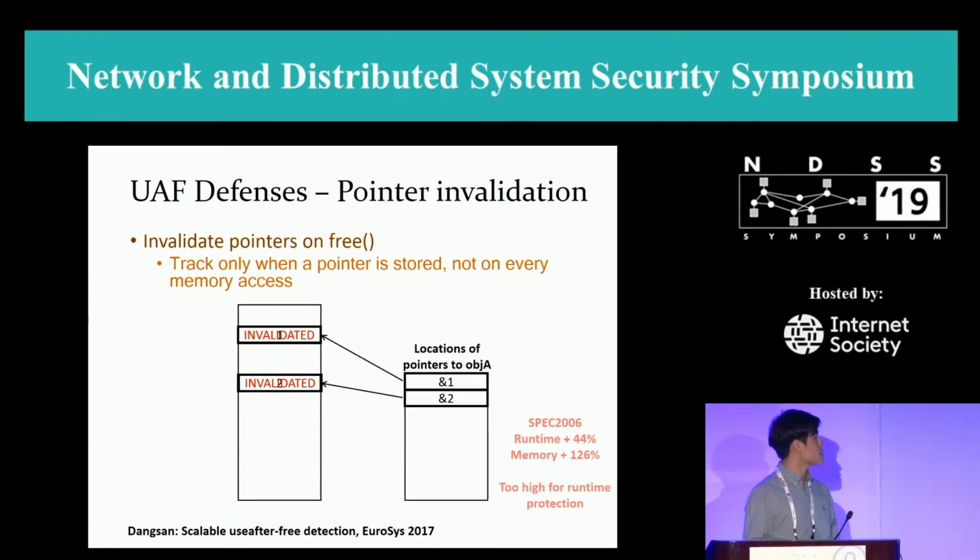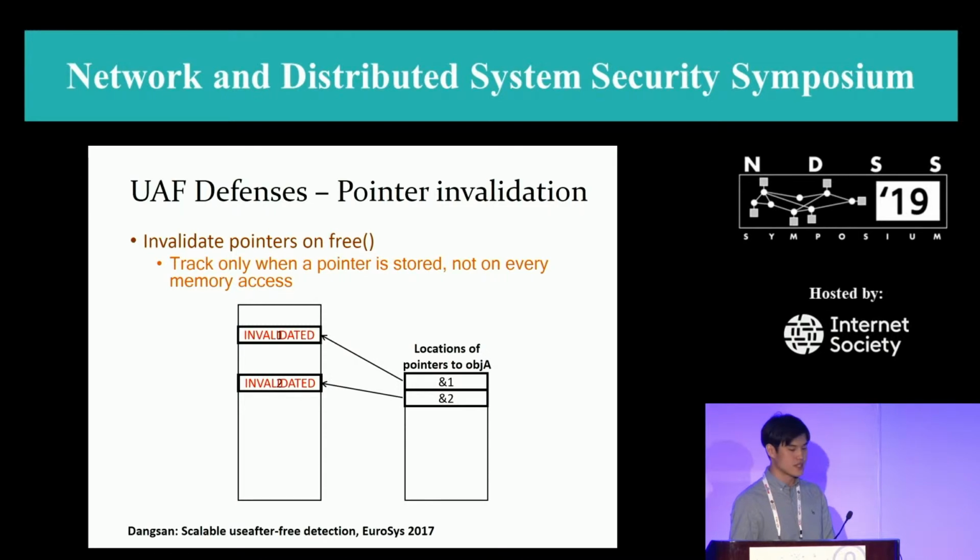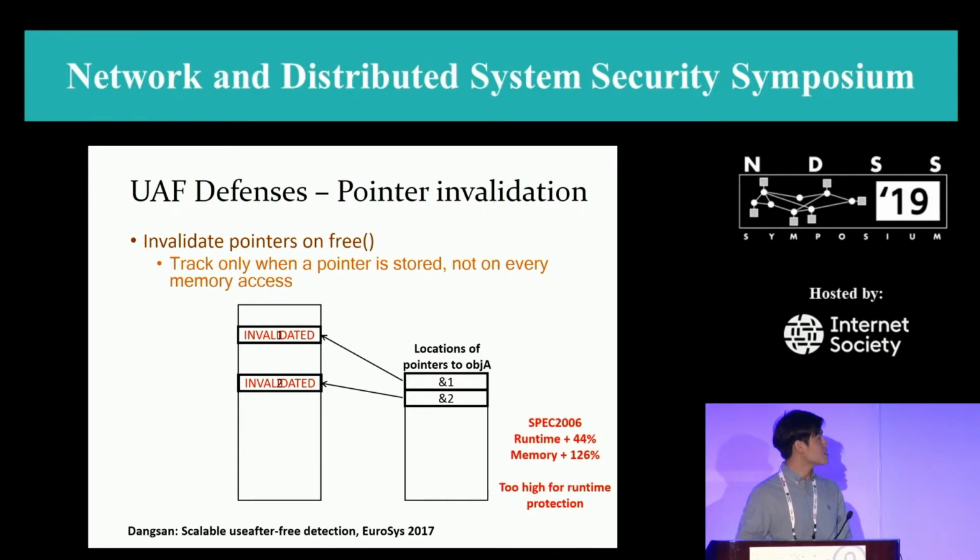Later, when the dangling pointers are dereferenced, even though they do not perform any kind of checks, since the pointer is already invalidated, it will automatically result in a memory access fault. In this way, they do not have to perform checks on every memory access, thereby reducing runtime overhead.